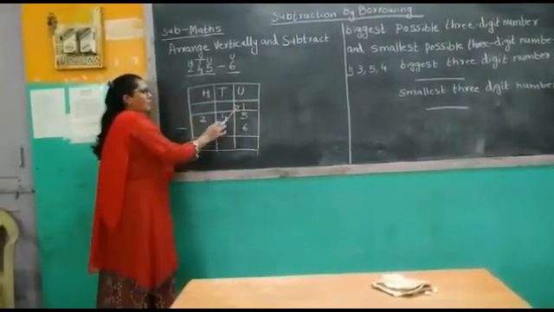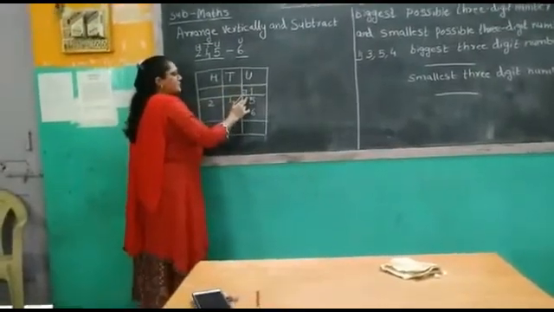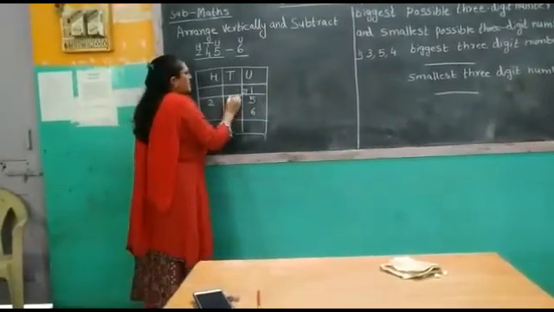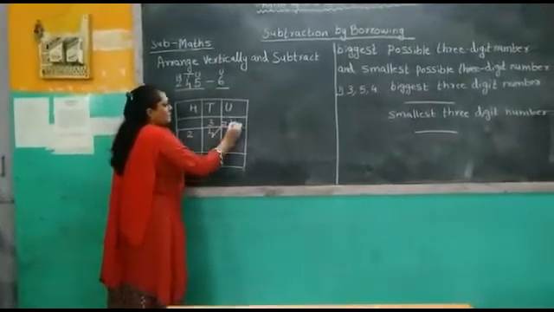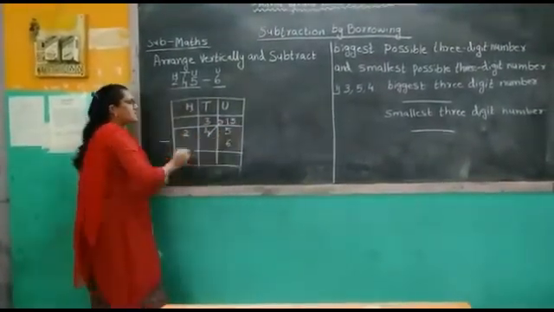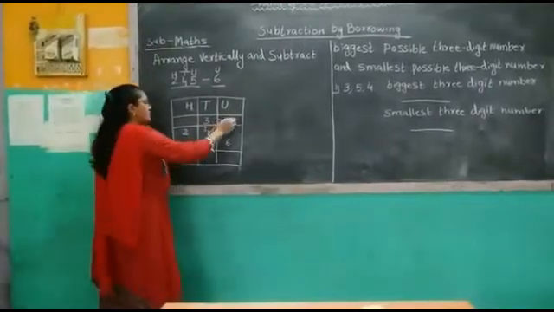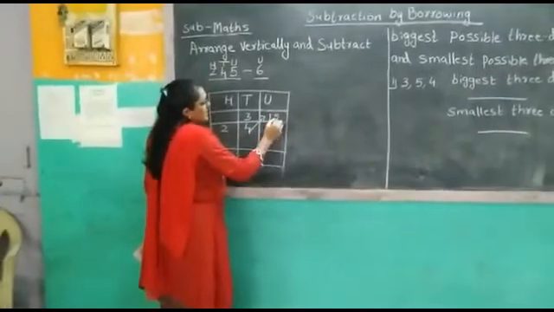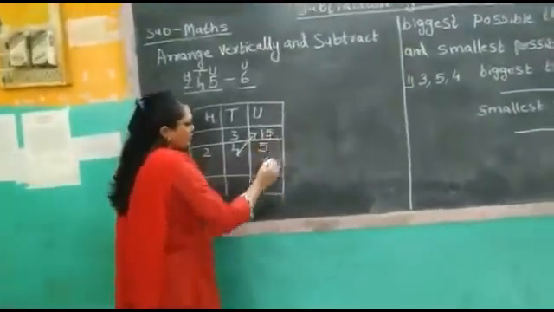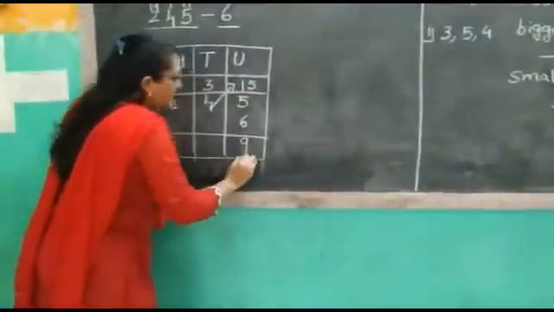So now we are borrowing 1 from this tens place number. So again we will write 3 in the tens place and here we will write 15 in the unit place. Now we have to subtract 6 from this 15. So your answer will be 9.